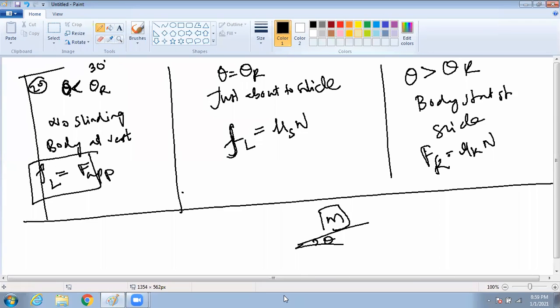If theta r is constant, it is dependent on what? Mu. And mu is dependent on what? Mass. Am I correct? Yes, sir. I understood, sir.